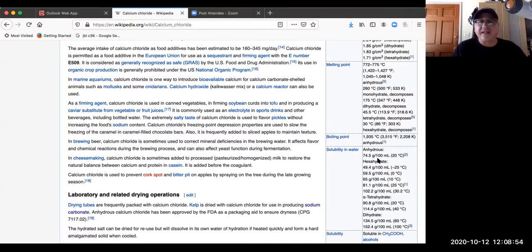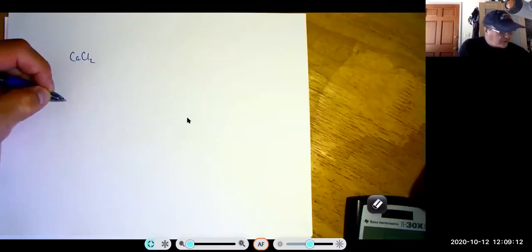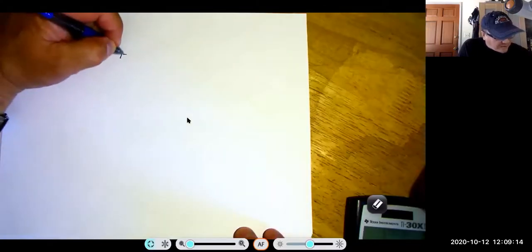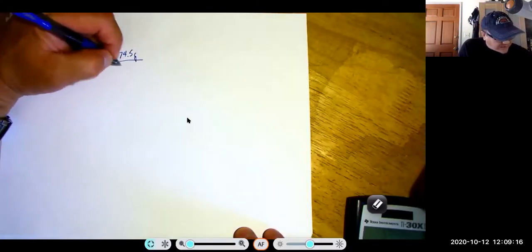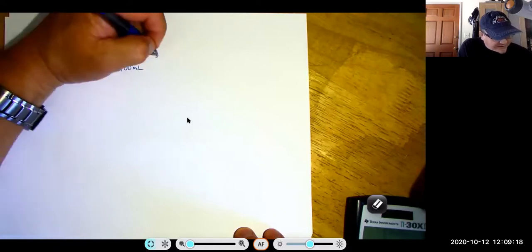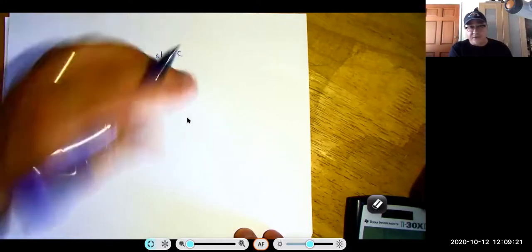So let's calculate how much dissolves in 10 milliliters. So I'm going to change my share. Whoops, I opened a poll question. Change my share. So it's 74.5 grams per 100 milliliters at 20 degrees Celsius, which is roughly room temperature.